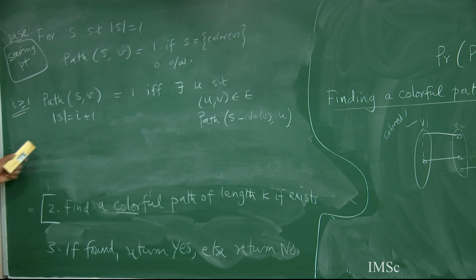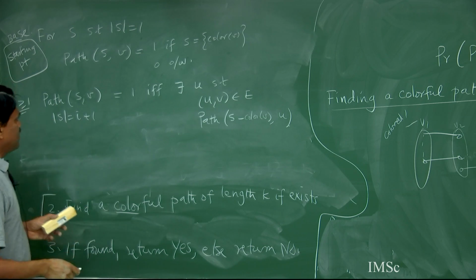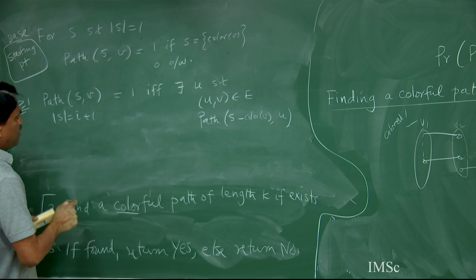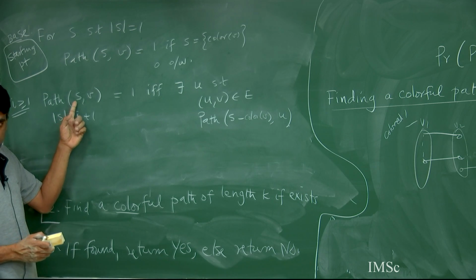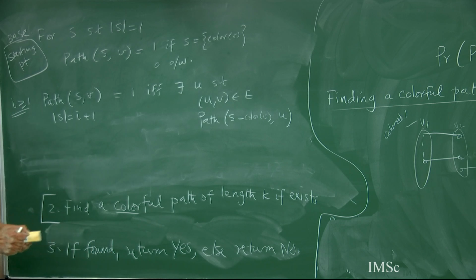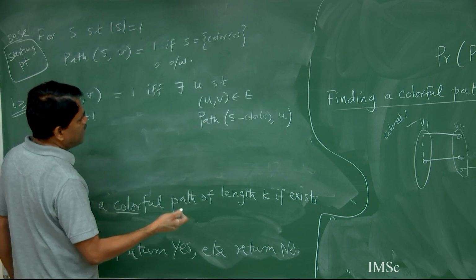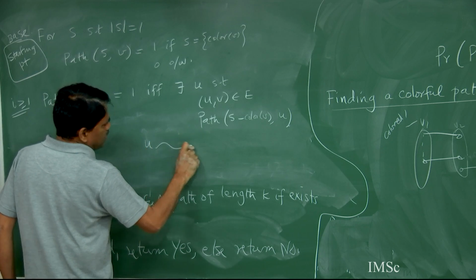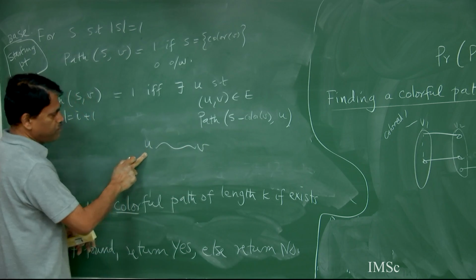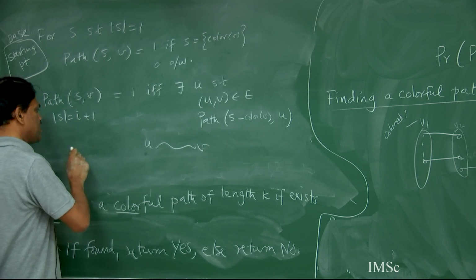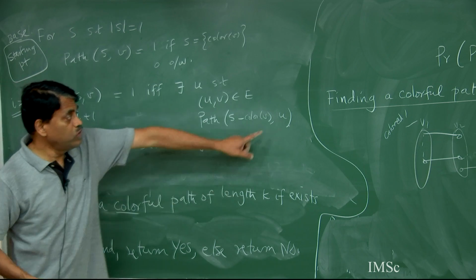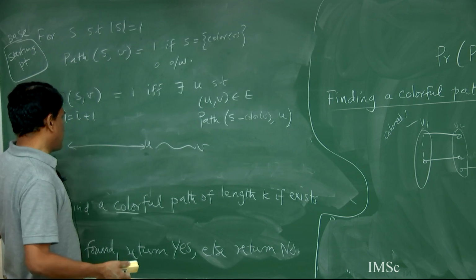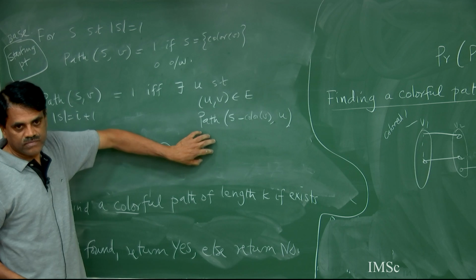Right. So, what is this saying? If you translate it in English, it says that if there is a path which uses all these colors and ends at V, then I just look at what is the vertex before V. It must be a neighbor because it is a path. So, there must be some neighbor U such that there is a path that ends at U, and that uses exactly the colors of S minus this color.